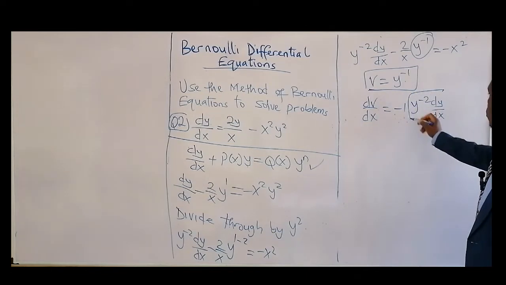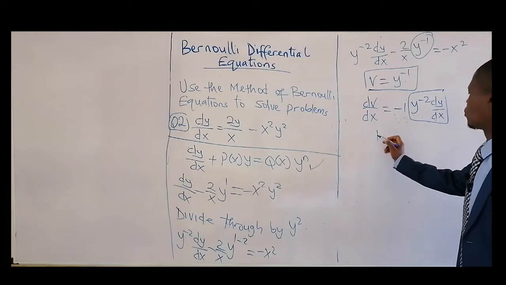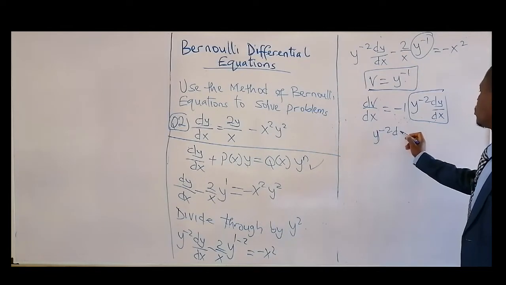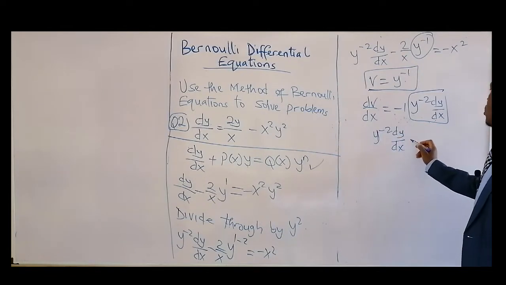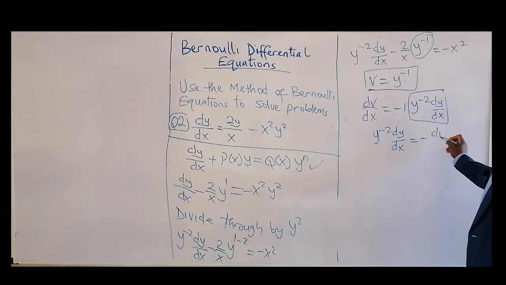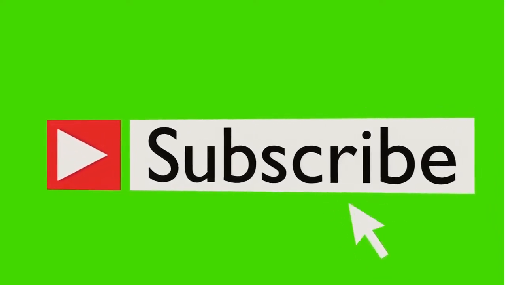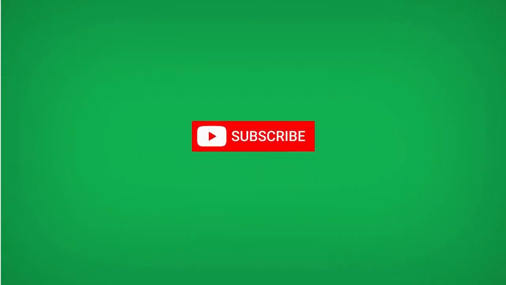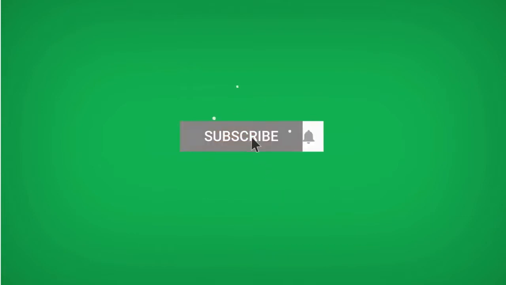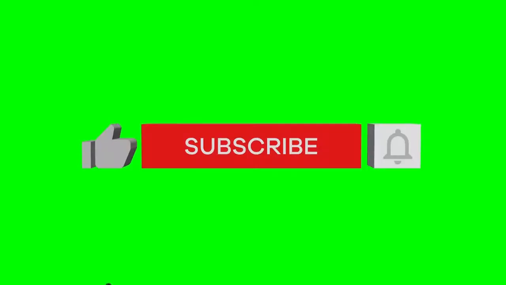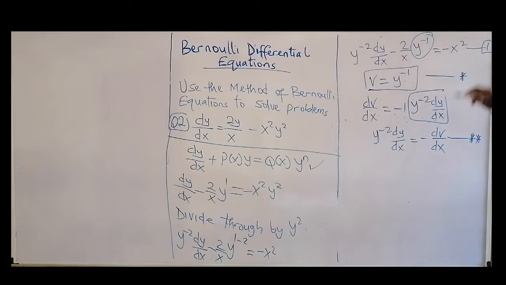Can you make this one the subject? So that will be y to the minus 2 dy/dx equal to minus dv/dx. Let's call this one star 1, this one star 2, and call this one equation 1.